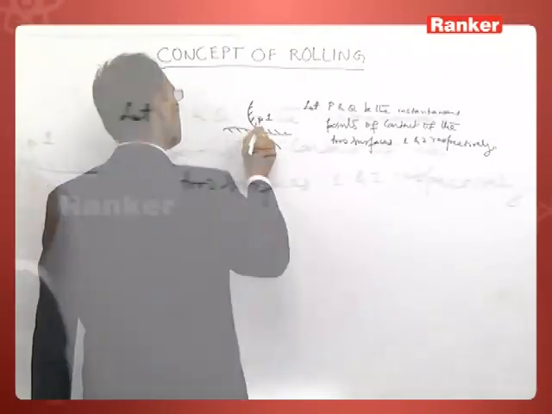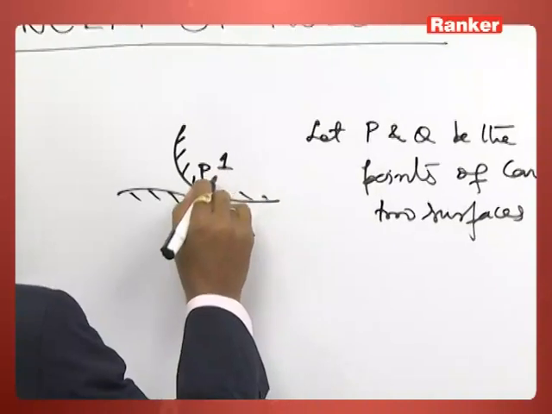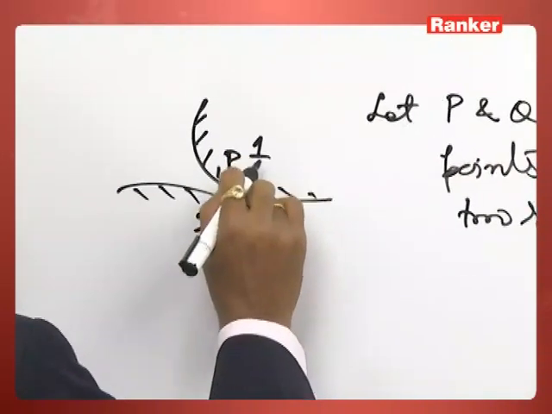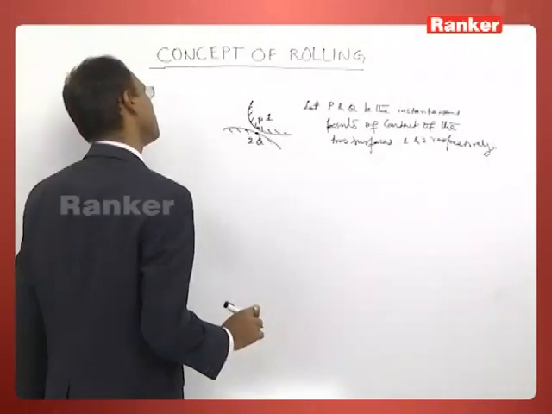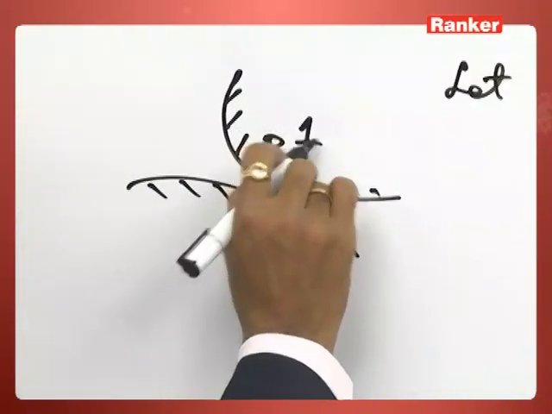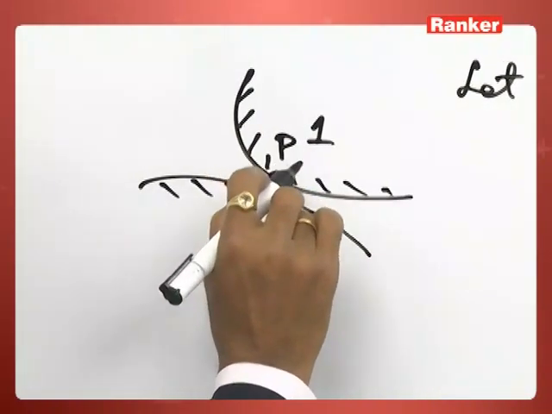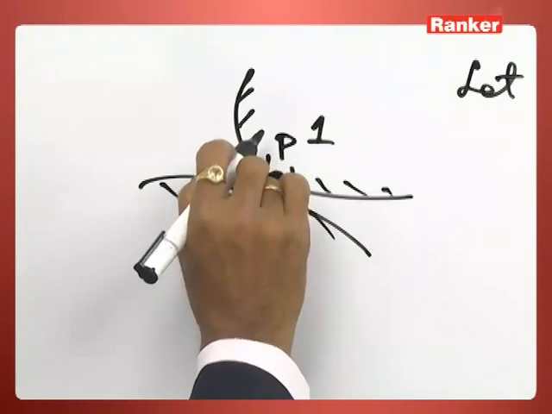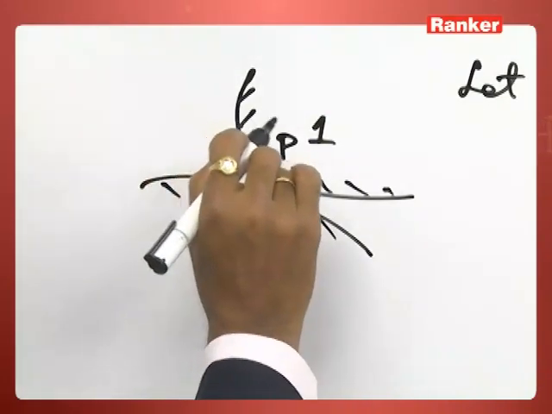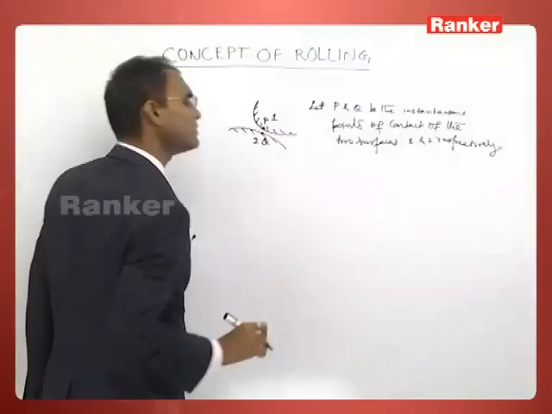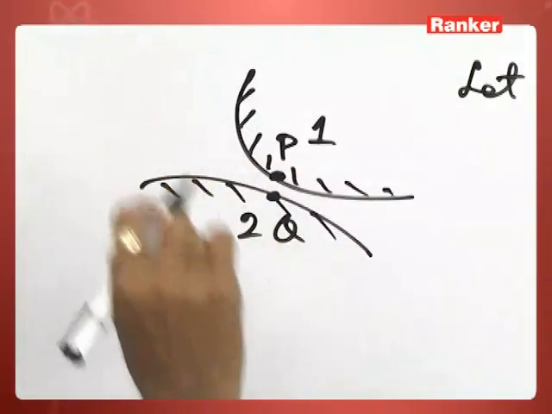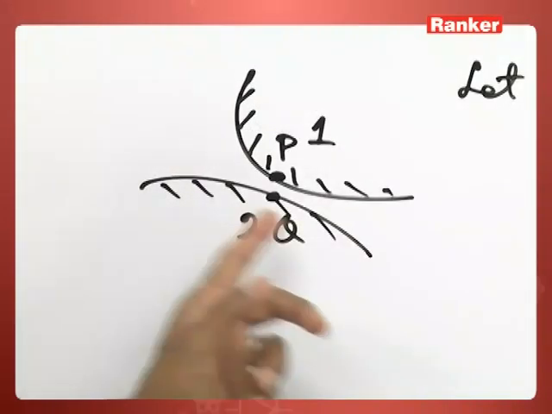Let me repeat. Point P is the point of contact of the surface number 1. Point Q is the point of contact of the surface number 2.